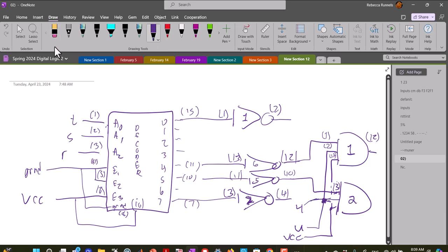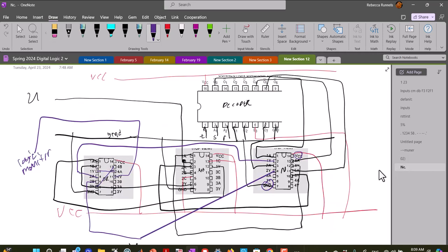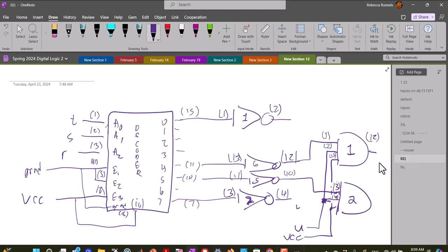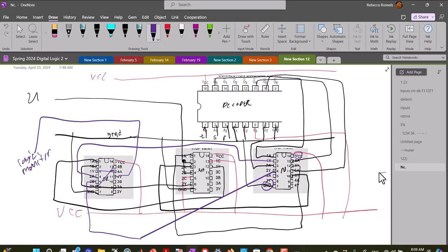Pin 4 is the switch from U. And pin 5 is VCC. And your output is 6.